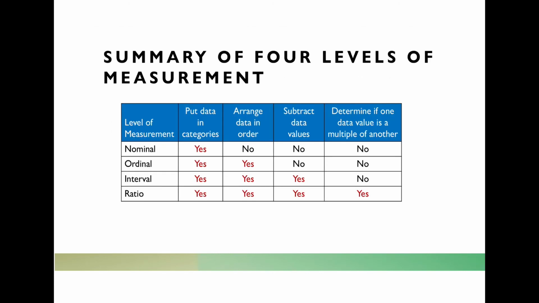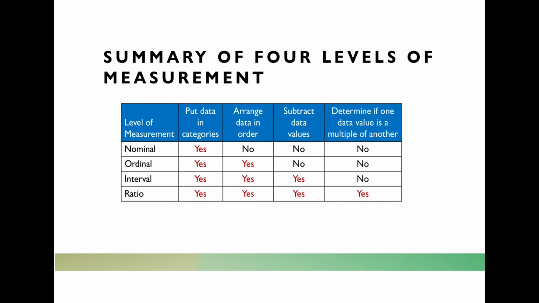So to give you this table here that you might find helpful: if we can put data into categories, there's our beginning point. All of these can work. But if we want to put them into some sort of order, the only thing that can't do that is the nominal level. If we want to subtract data values, well, we can do those with interval numbers or ratio numbers, but we can't do them with ordinal or nominals.